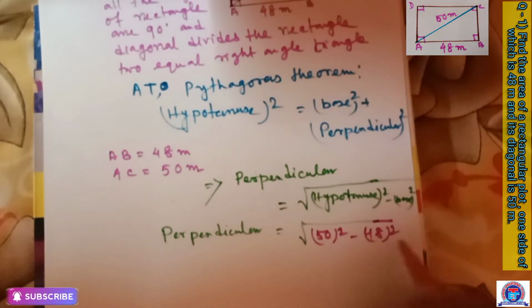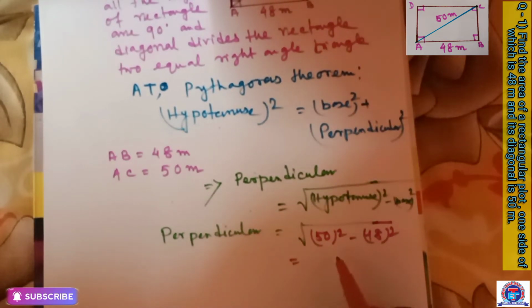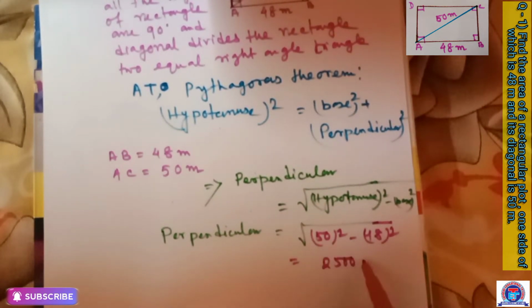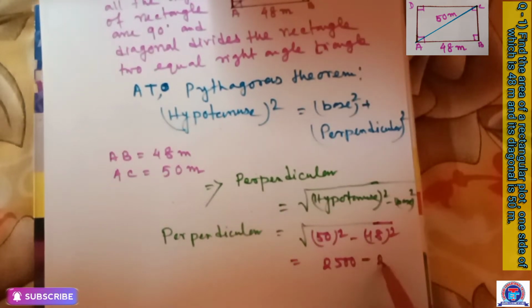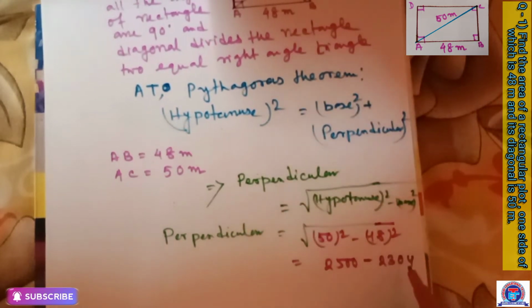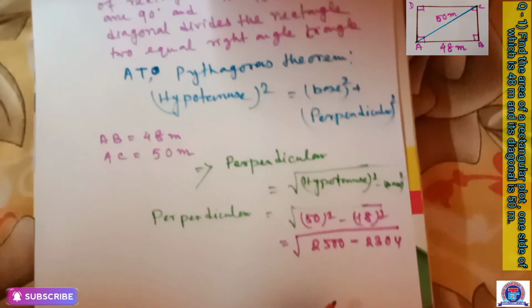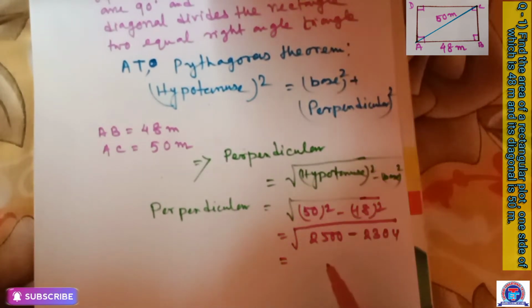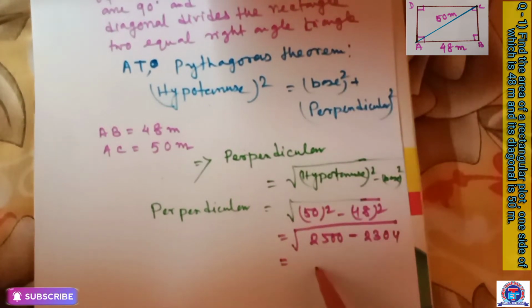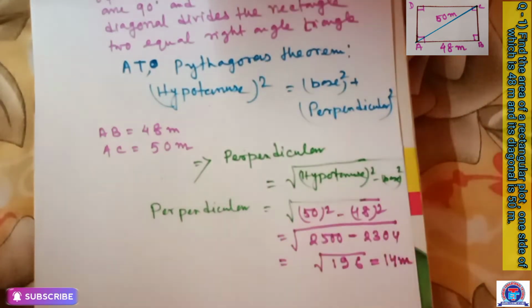Now that will be 2500 minus 2304 under root. Subtracting, it will become 196. If you do the calculation of this square root, then it will become 14 meter, right?